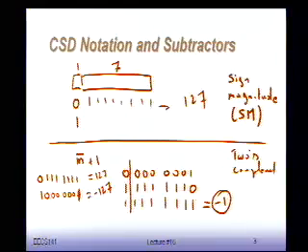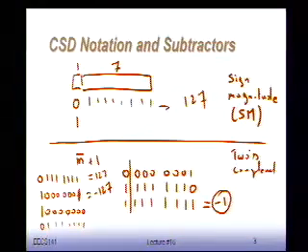Actually, it turns out that with this notation, I can not only represent minus 127, but I also can have this number: a 1 and all zeros. If you now invert it, if you want to go back to positive, you do the same thing. Invert all the bits and add 1. And if you do so, you get 0, 1, 1, 1, 1, 1, 1, 1.